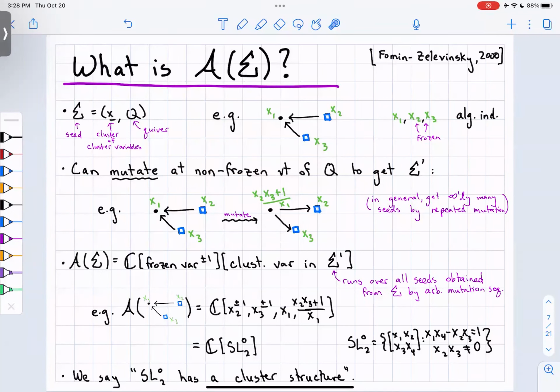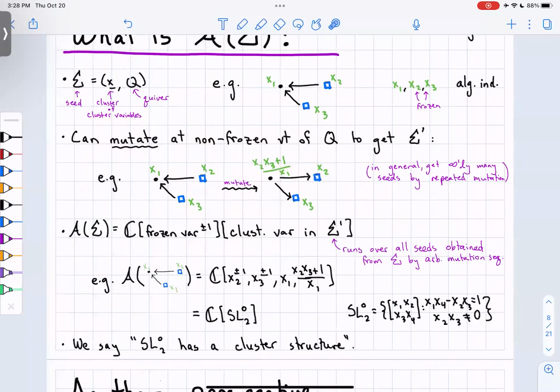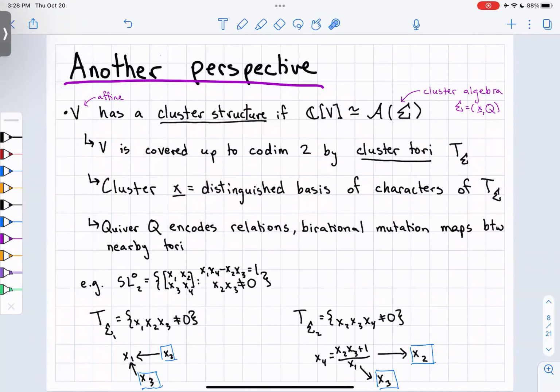Okay, so maybe you want to think about this thing more geometrically. Here's another perspective. Say your affine variety has a cluster structure. Then what this tells you is that your variety is covered up to codimension 2 by some tori. You've got one torus for each cluster, and the torus is exactly where the cluster variables in that cluster are non-vanishing.